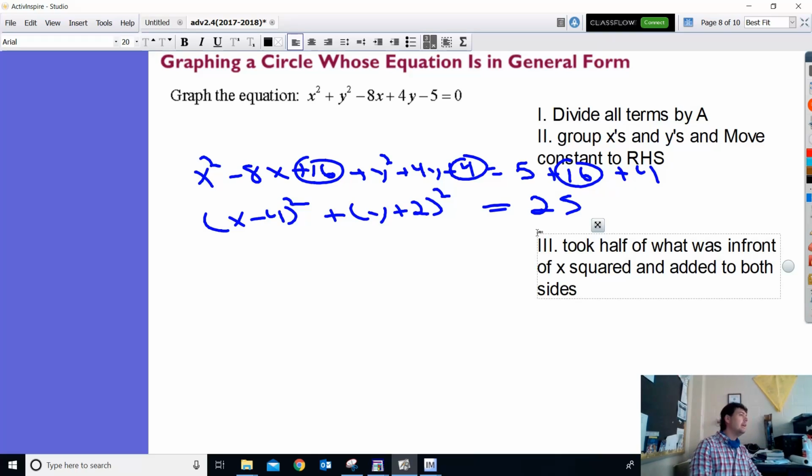Because I took half of a negative 8x and got a negative 4, and I squared it, I got that 16 and I added to both sides. And I did the exact same thing for y, didn't I? I took half of a positive 4, because there's a 4 in front of y, squared it, got 4, added to both sides. I don't know why it says took, you take.